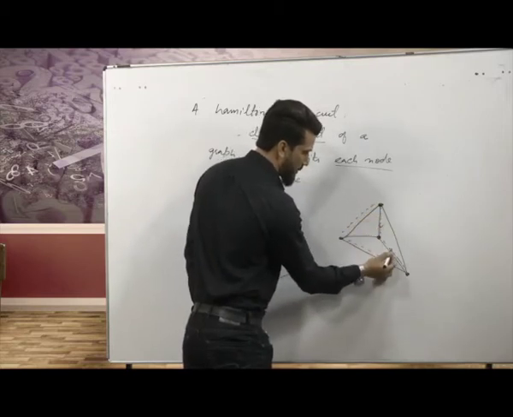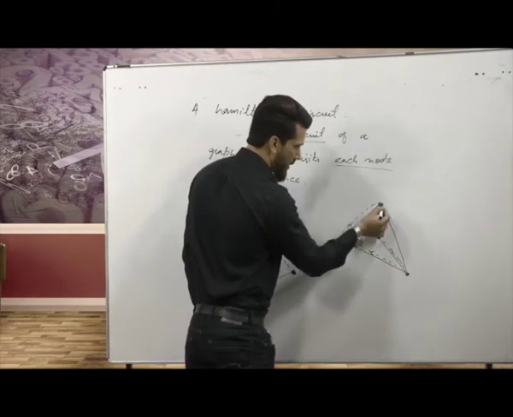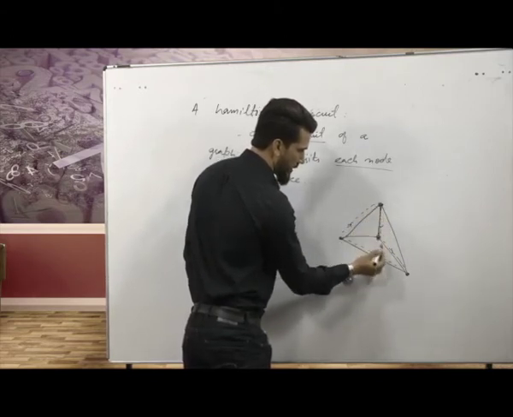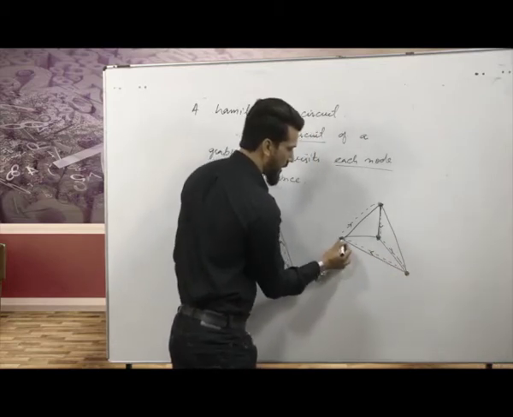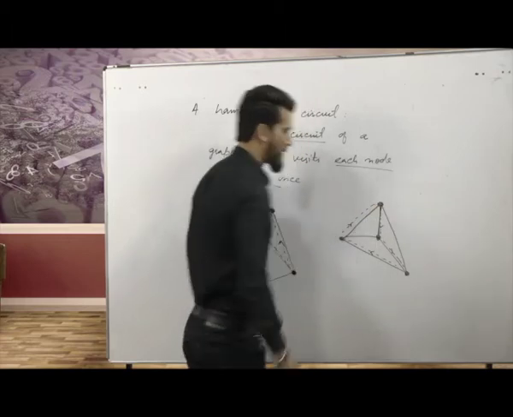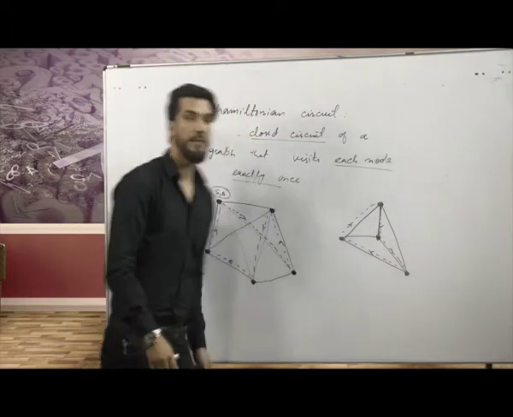So this will be the direction of our circuit. So we'll start with this node, go here, visit it once, go here, visit it once, then go back here, visit it once, and then return to our starting node. So this is our Hamiltonian circuit here.